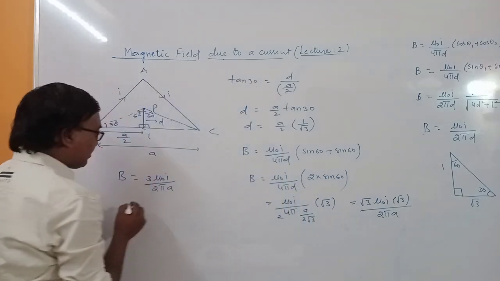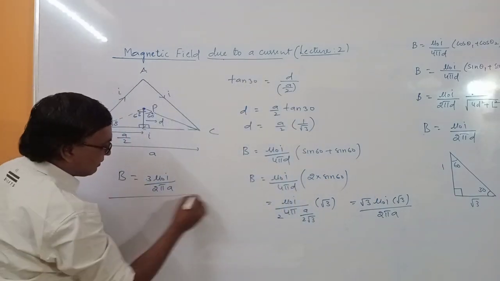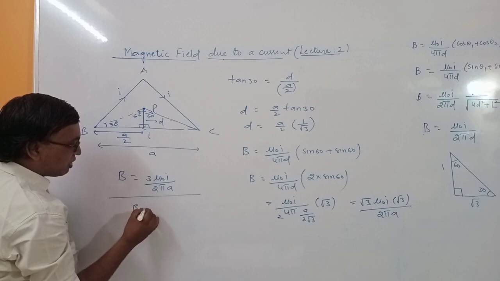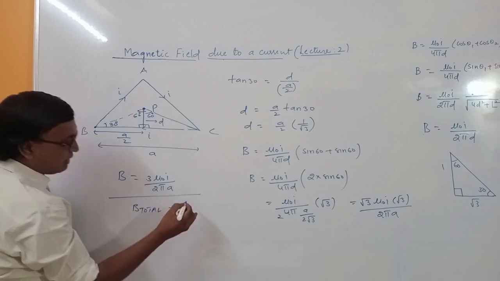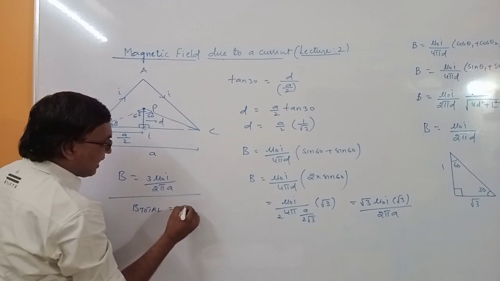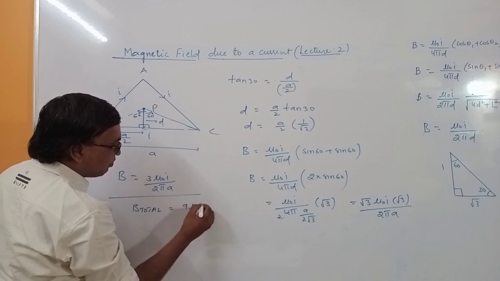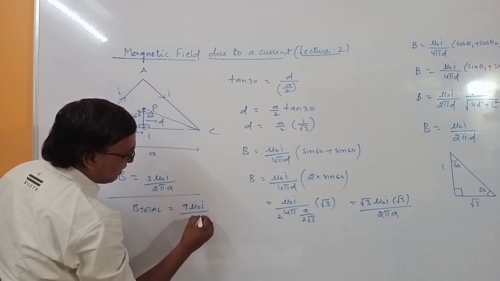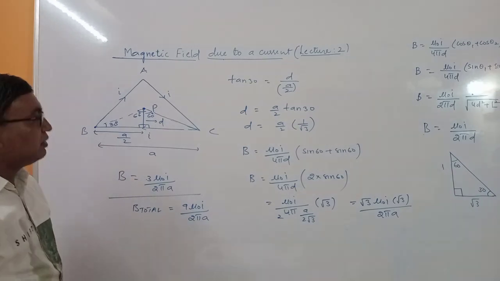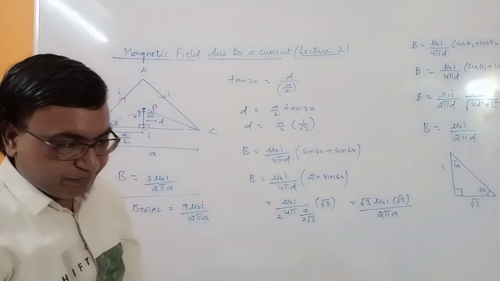So 3 times. So the total magnetic field B total at the center is 3 times, that is 9 mu naught I by 2 pi A.